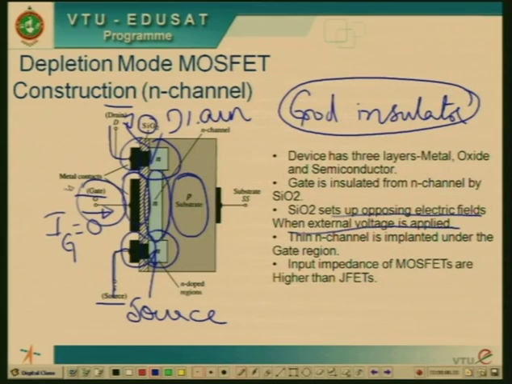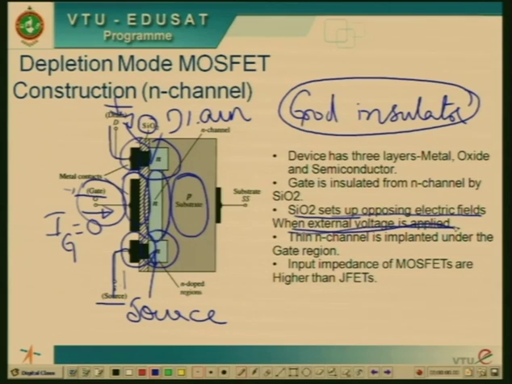So, external voltages will be applied to the gate terminal and between drain and source terminal. Due to the application of these two external voltages, two opposing electric fields are created, induced across the device. So, this is one important property of silicon dioxide.